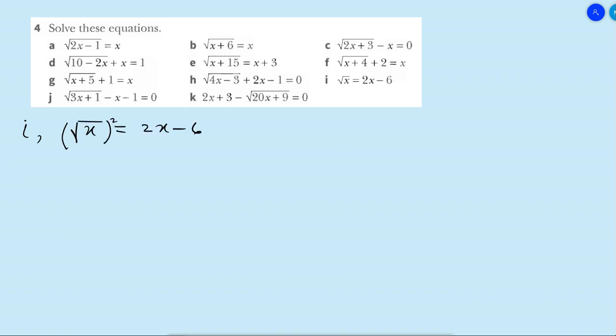Taking square on both sides, this cancels the square root, it is x.